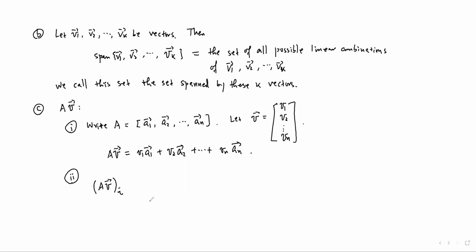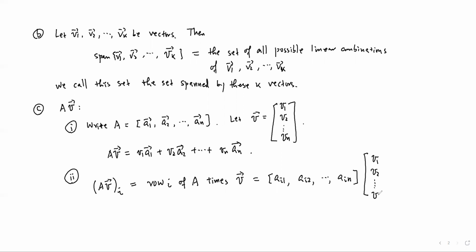The ith entry of the vector is equal to row i of matrix A times vector V. Row i of matrix A is Ai1, the first entry on row i, Ai2, the second entry, and Ain, because the matrix A has n columns, times the vector V1, V2, ..., Vn.